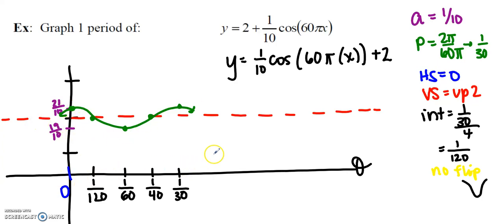And then counting along the x-axis, I'm counting by 1/120th. So this is one of them, this is 2 of them, simplifies, 3 of them, simplifies, 4 of them, simplifies, and if you notice, our period was supposed to be 1/30, and I am ending there. Cosine starts at its high amplitude maximum, crosses the midline, low amplitude minimum, crosses the midline, back to its maximum.